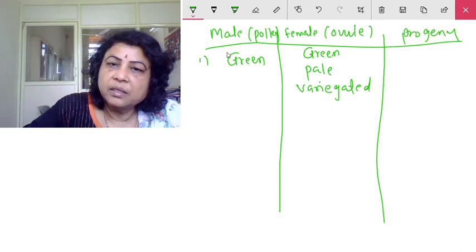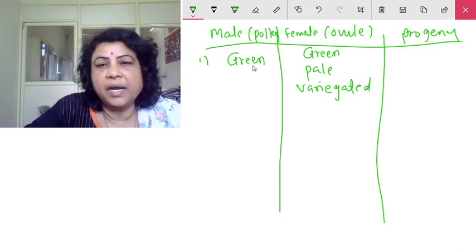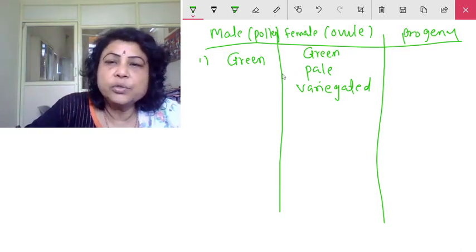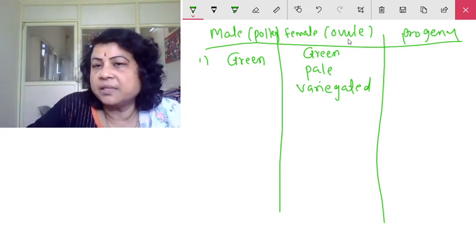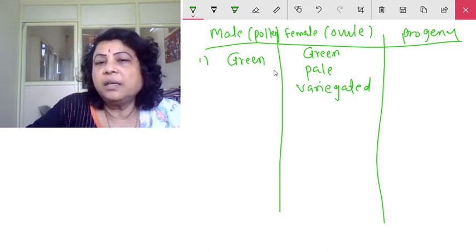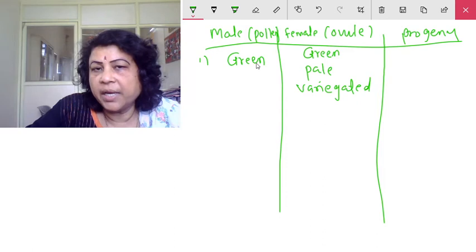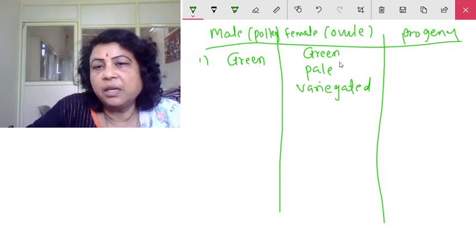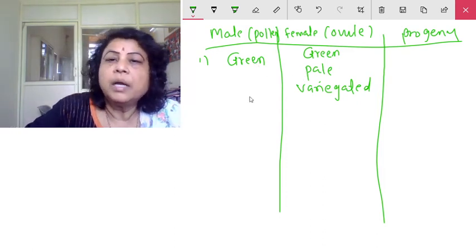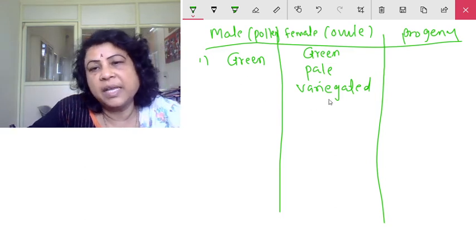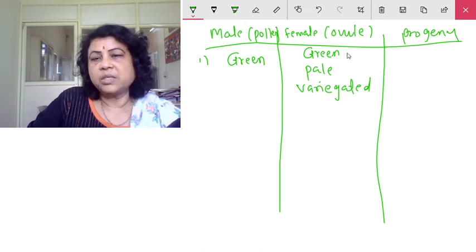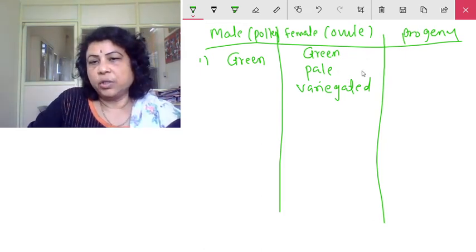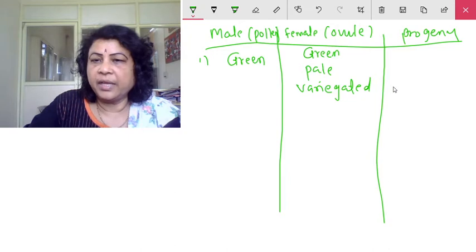That means pollen grains from the green plant were collected and used to fertilize the green branches, that means the flowers on green branches which have the ovule from the green tissues. Then the pollen from the green plant fertilized the pale, and the pollen from green fertilized the variegated. That means the flowers on the green branch, the pale branch, and the variegated branch.